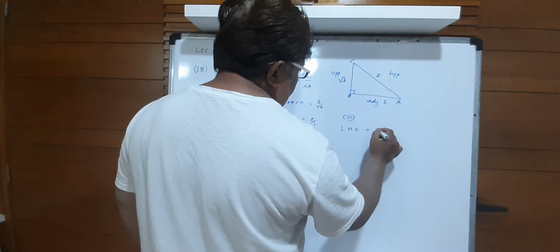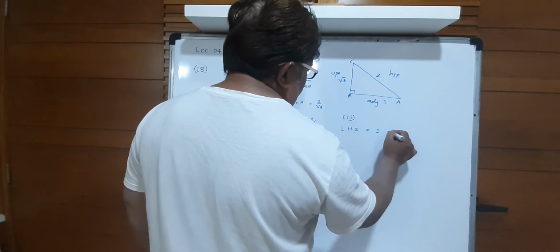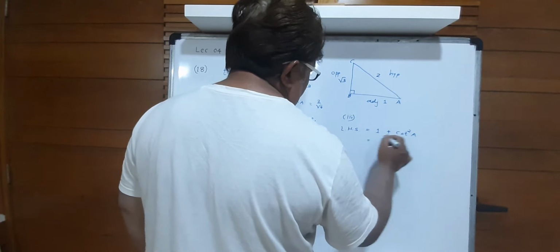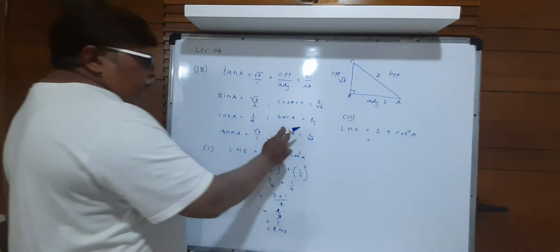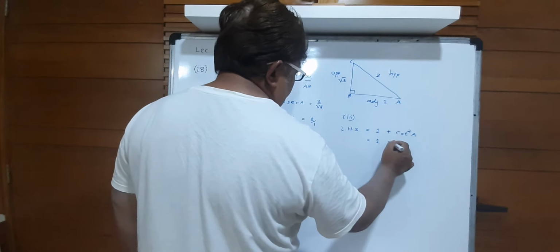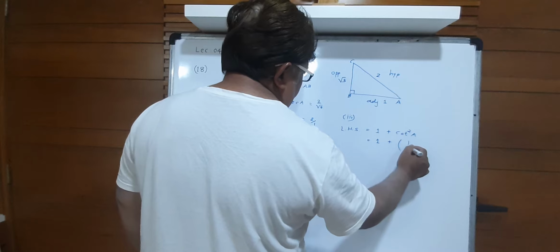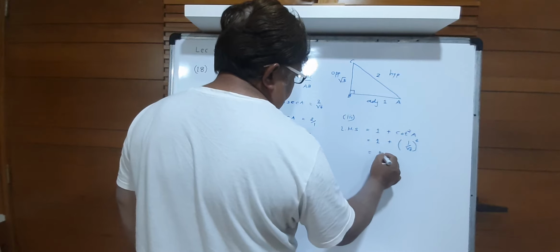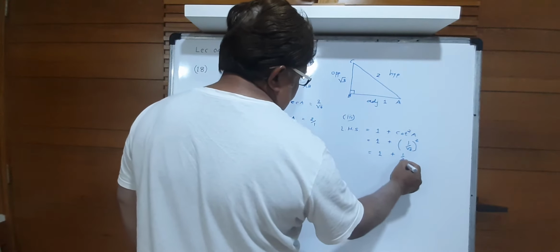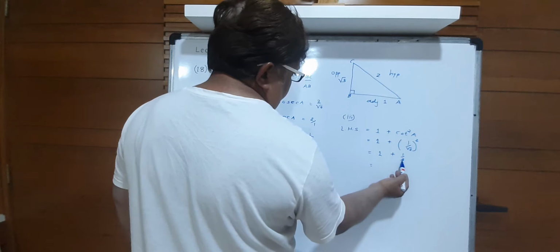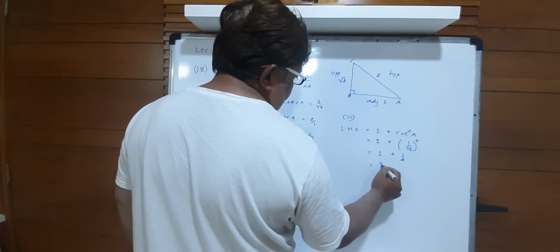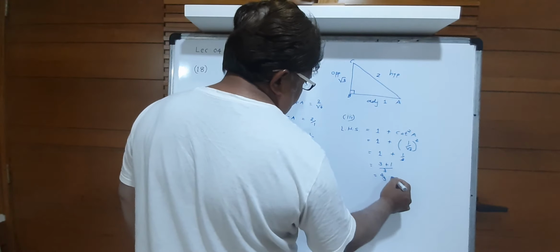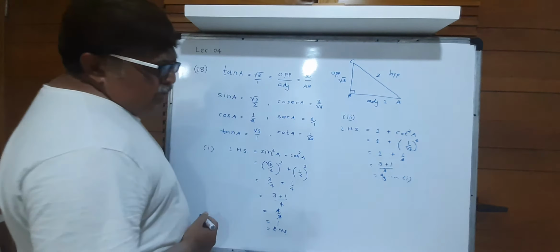It is given, 1 plus cot square A. Let us put the value: 1 plus cot square, 1 upon under root 3 square. Try to understand it. 1 plus 1 upon 3. Take LCM, 3 plus 1 upon 3, 4 upon 3. This is your result number 1.